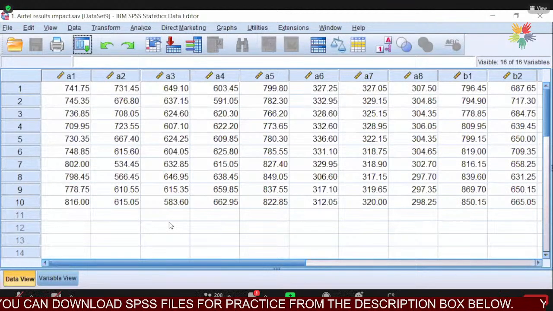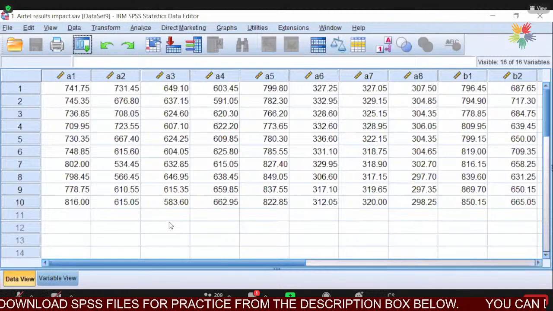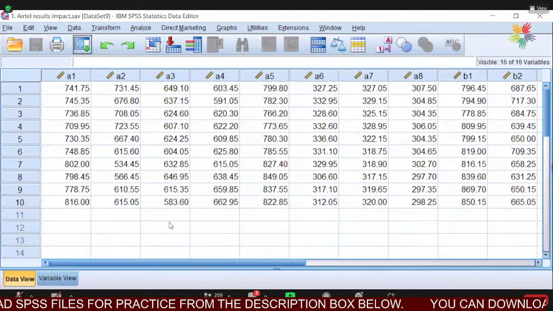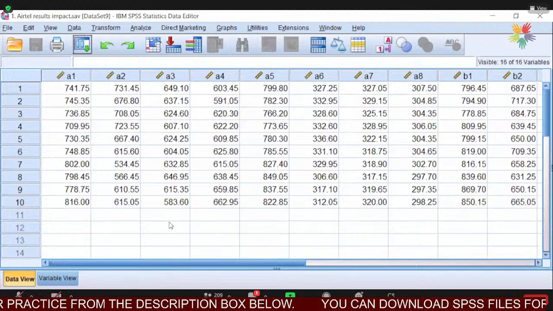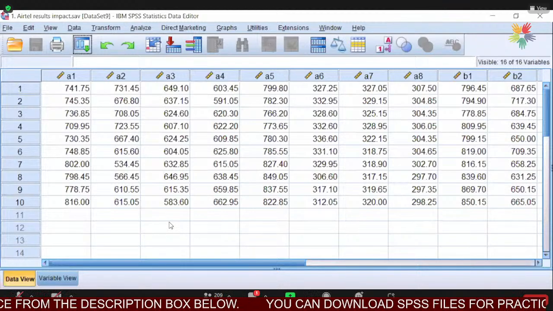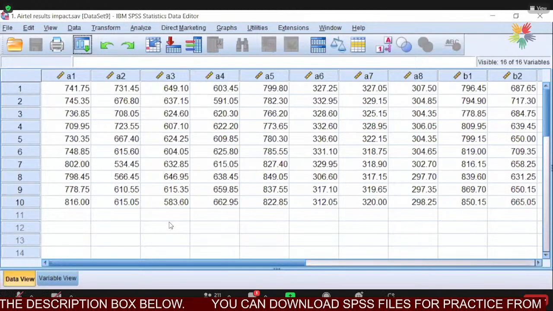So now we want to see whether, after the announcement of the result, whether good or bad, the share price has increased.